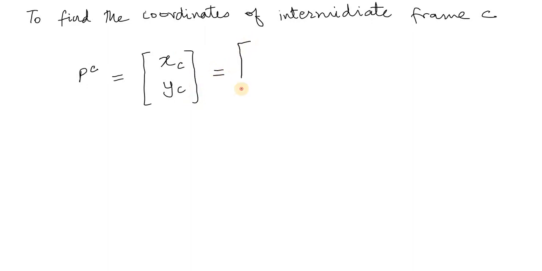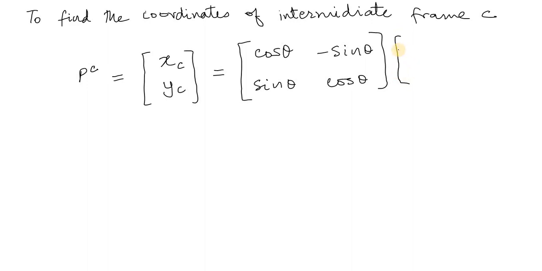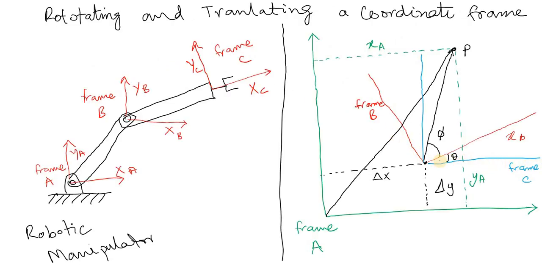and this can be obtained by multiplying the rotation matrix with the coordinates of your rotated frame, x b, y b. So here what we did here, look, we wanted to find the coordinates of your intermediate frame C, which is not rotated, this blue color one.